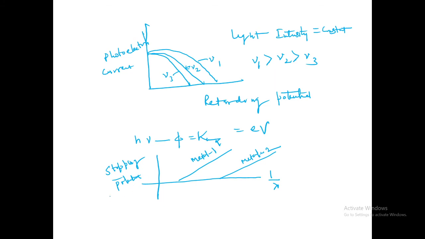What I want to tell all of you is that the kinetic energy of emitted photoelectrons is independent of the intensity of light used, because when intensity increases, the number of photoelectrons emitted per second increases, and hence photoelectric current increases, but the energy of a photon is independent of the intensity of light.